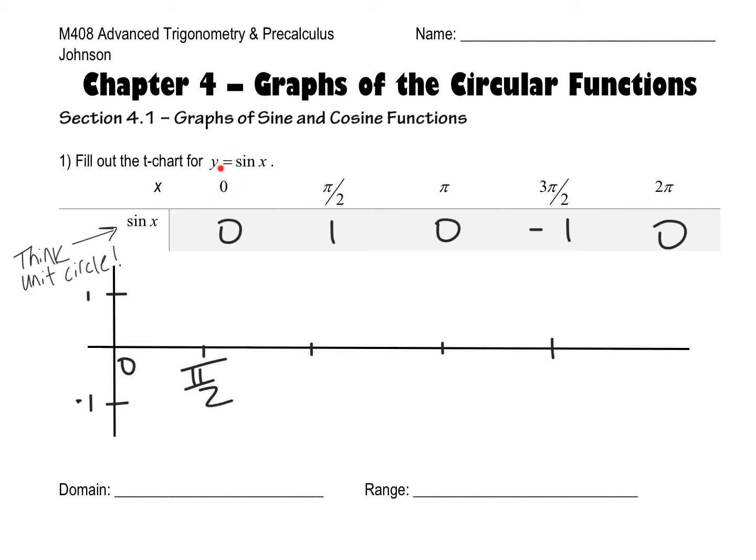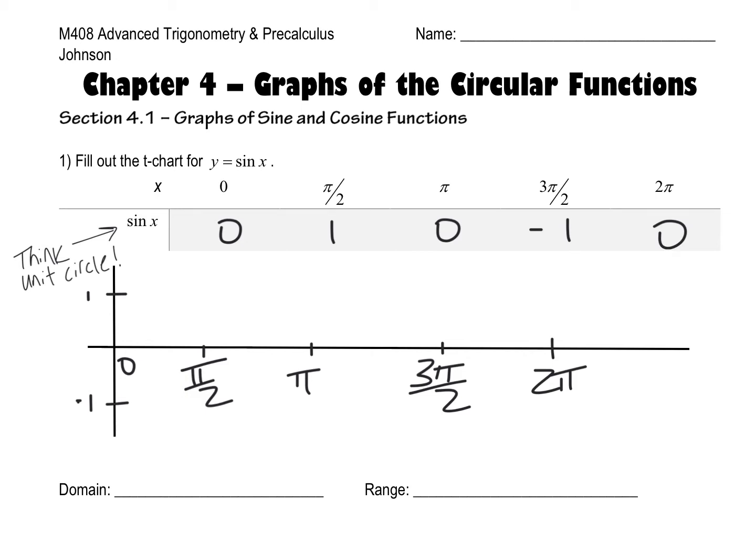My first one is 0, my second one is pi over 2, and then pi, and then 3 pi over 2, and then 2 pi. I could have done other values like pi over 4 or something like that, but these are just the 4 quadrantal angles going all the way back to the beginning unit circle of 0 and 2 pi, same spot. And so those are the 5 different values that I'm going to be using when I graph these things.